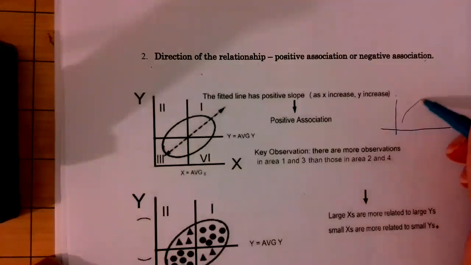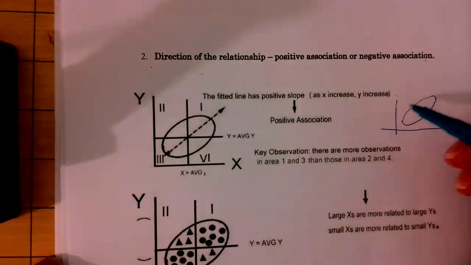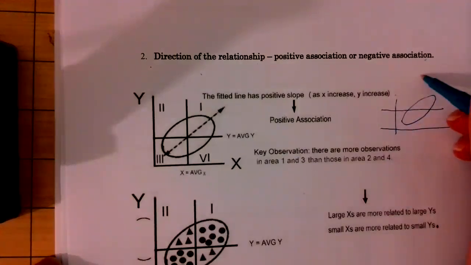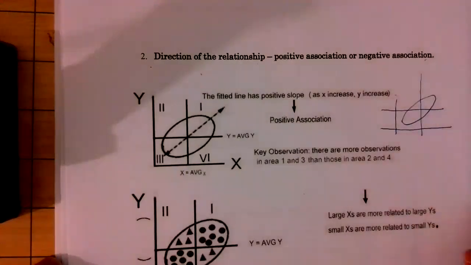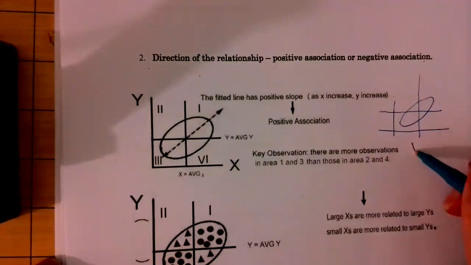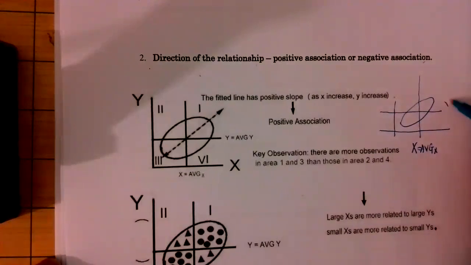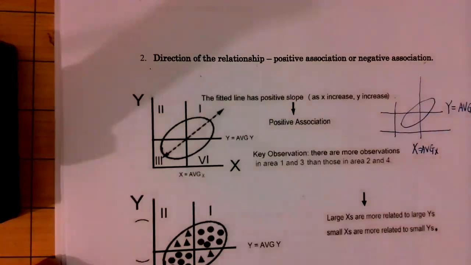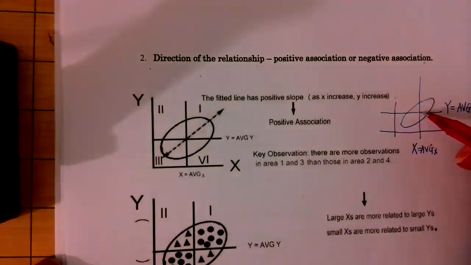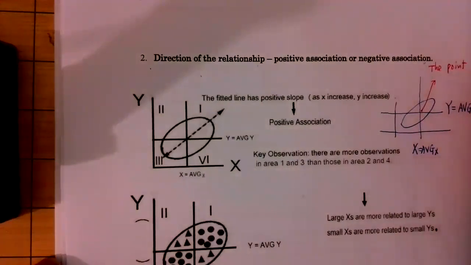Okay, let me redraw it so you can see better. We call this X equal to average X. This is Y equal to average Y. And this point here is called the point of averages.